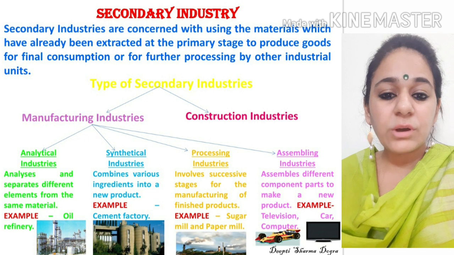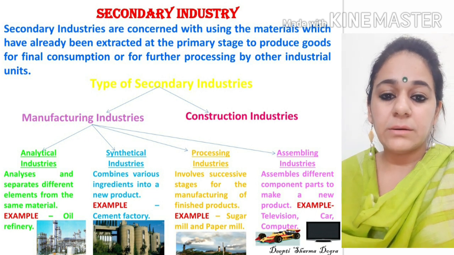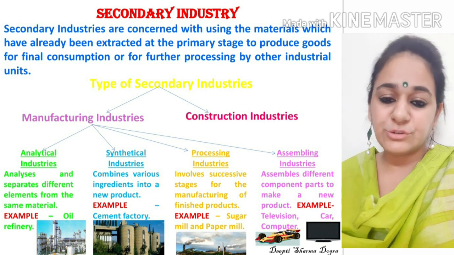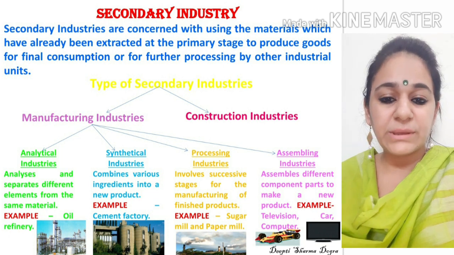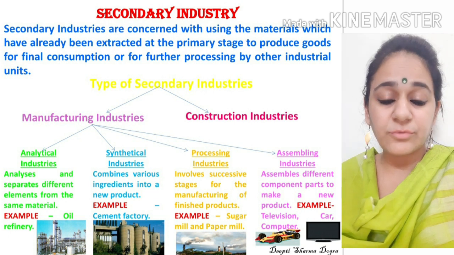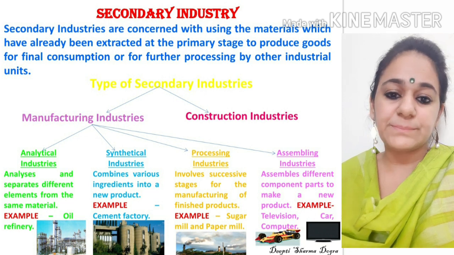Then sugar cane से शुगर बनाना, गुड़ बनाना, शक्कर बनाना, डिपेंडिंग अपॉन द रिक्वायरमेंट ऑफ द कस्टमर्स. तो प्रोसेसिंग इंडस्ट्री मीन्स डिफरेंट स्टेप्स फॉलो करना, डिफरेंट प्रोसेस फॉलो करना टू रीच टू अ फिनिश्ड प्रोडक्ट.